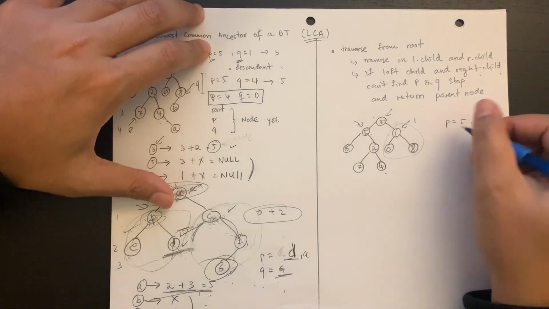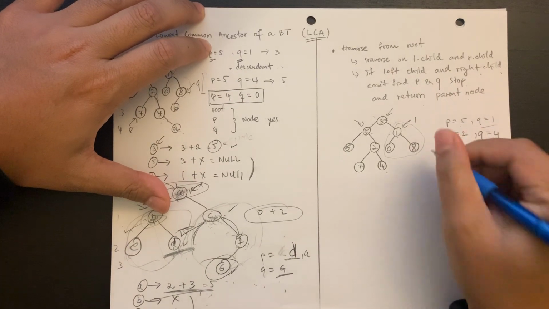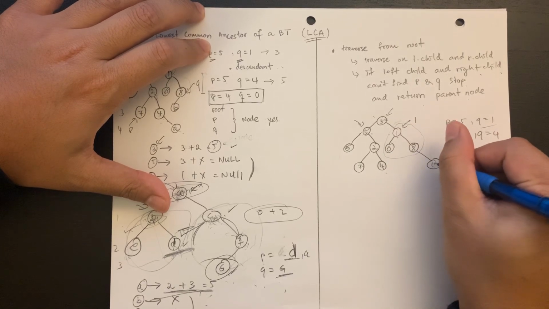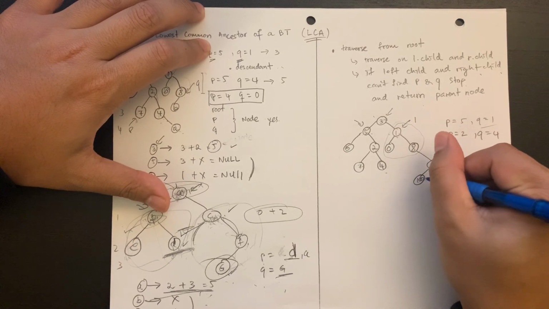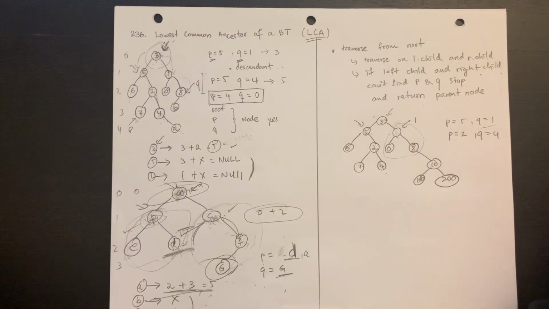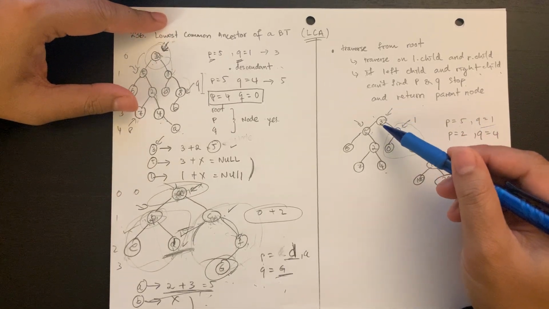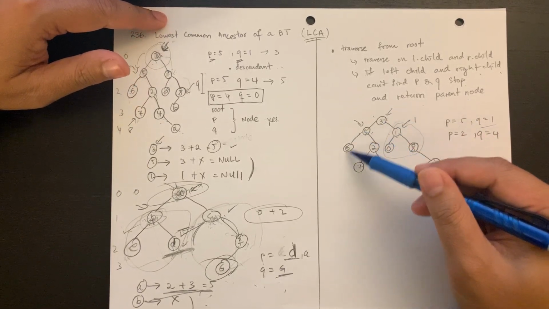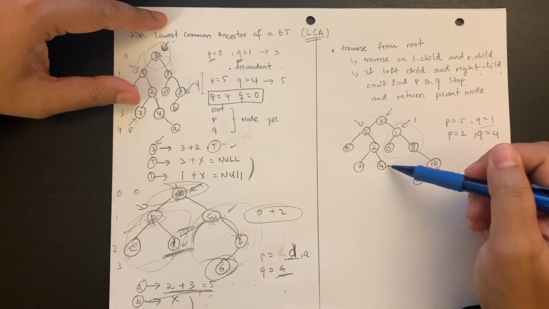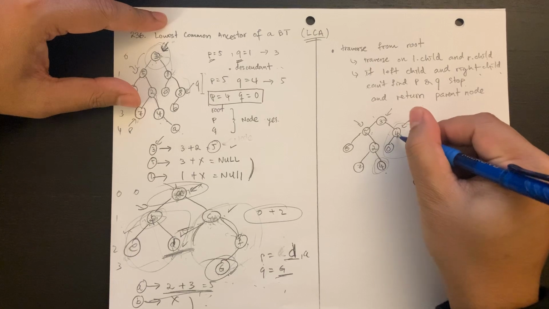let's say that P is equal to 2 and Q is equal to 4, and we have many nodes over here, right? So in that case, it will traverse this O(n) of time. So check the left. Let's say that 4 is, for some reason, up here.